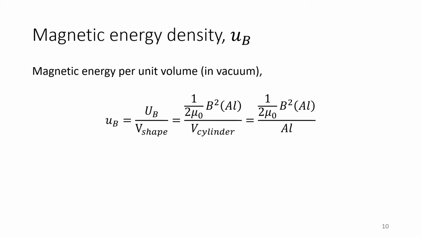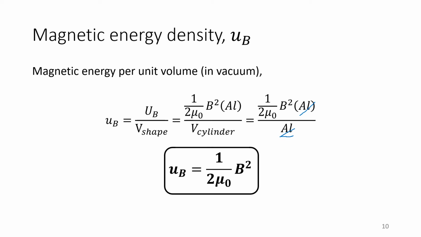Typically, a solenoid is shaped like a prism, so its volume should just be the cross-section multiplied by its length. Conveniently, our expression for total energy already has the L A term, so we can just cancel the terms out, giving us an expression for small u sub B equals 1 over 2 mu naught times B squared.